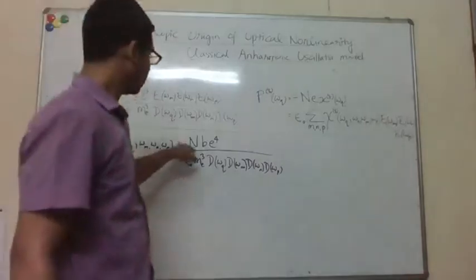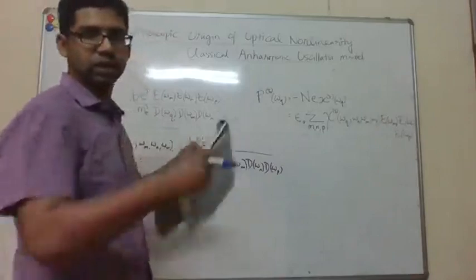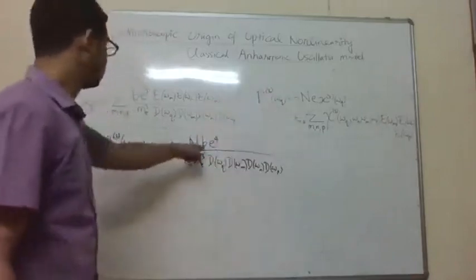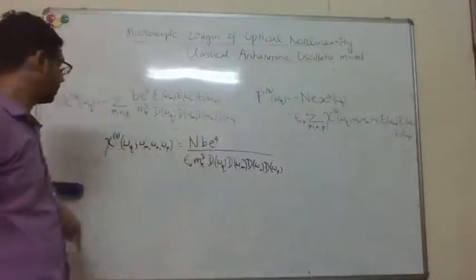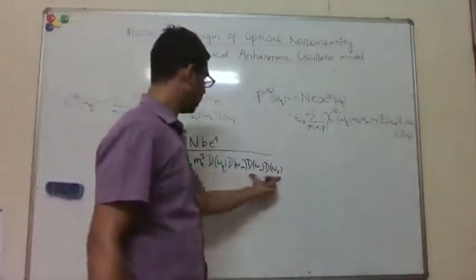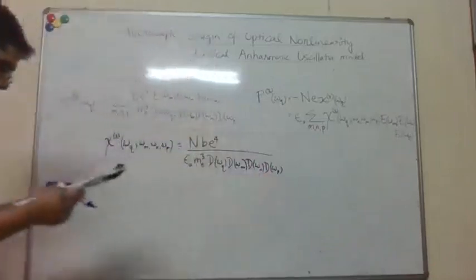And it's proportional to, again, the atomic density. It's proportional to this factor B, which was the strength of the nonlinearity. So the higher the B, of course, the more nonlinear the material, the larger the chi3. And then you get factors of this function D at different frequencies in the denominator.